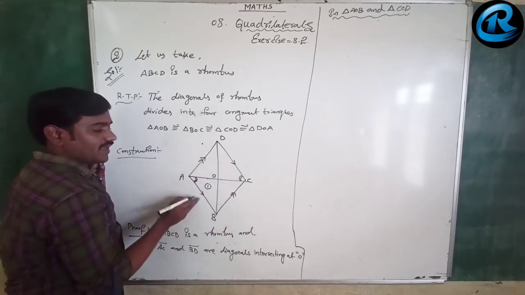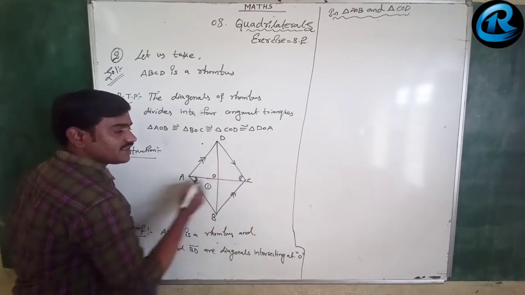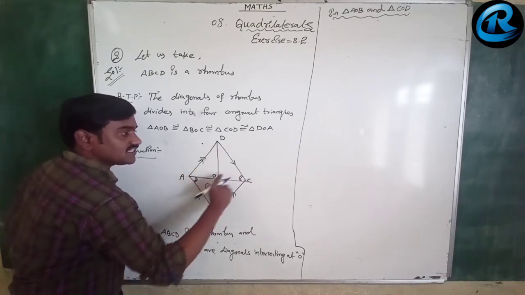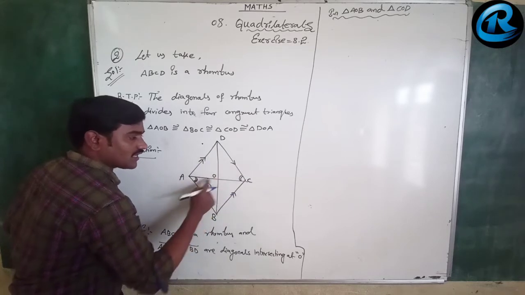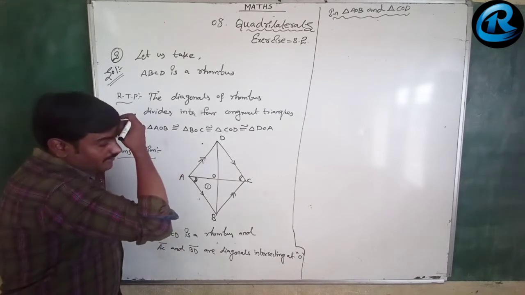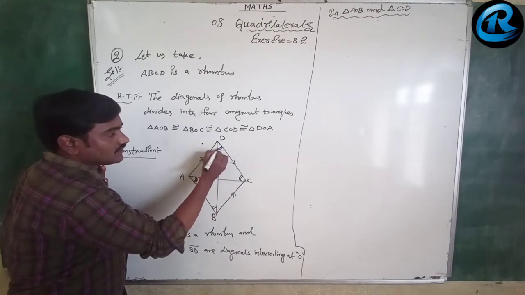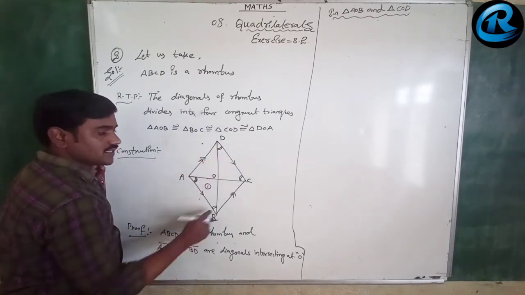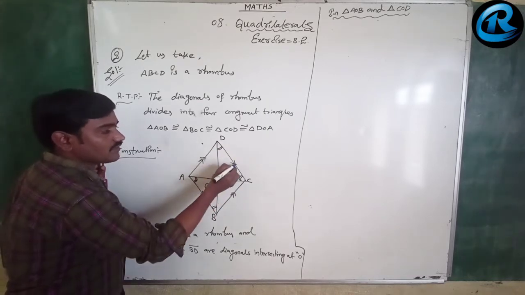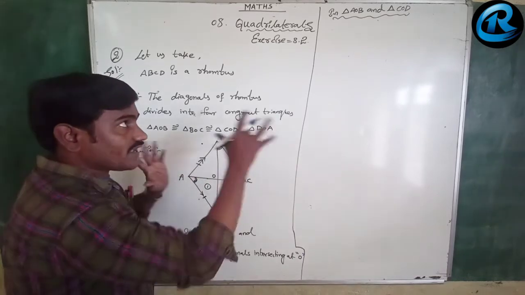Here AB is parallel to CD and AC is a transversal. AC is intersecting these two parallel lines, so alternate angles are equal. Just remember. Similarly, angle B and angle D will be equal, same alternate angles. And AB will be equal to CD because all the sides are equal in the rhombus. That is what I am going to use now.